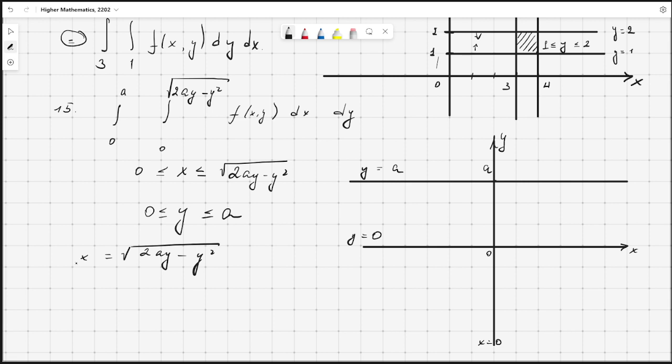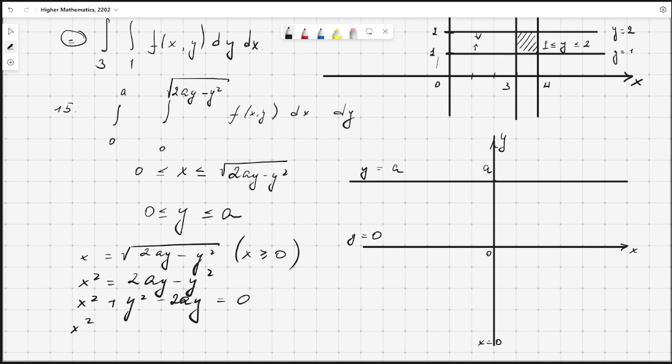It is x is positive. X squared will be 2ay minus y squared. X squared plus y squared minus 2ay equals 0.